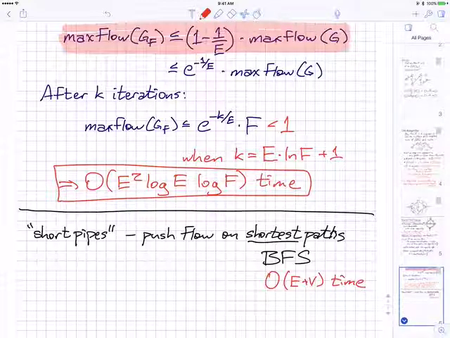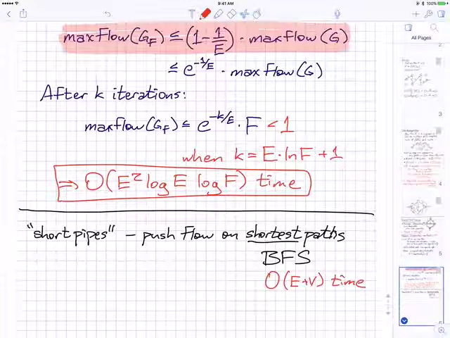So what do we want to use as shortest paths? These are the augmenting paths. Remember, Ford-Fulkerson says find a path from S to T in the residual graph. Which path? The shortest one. The one with the minimum number of edges. Okay.